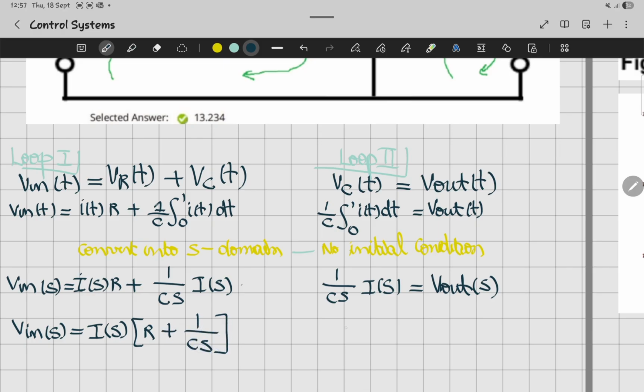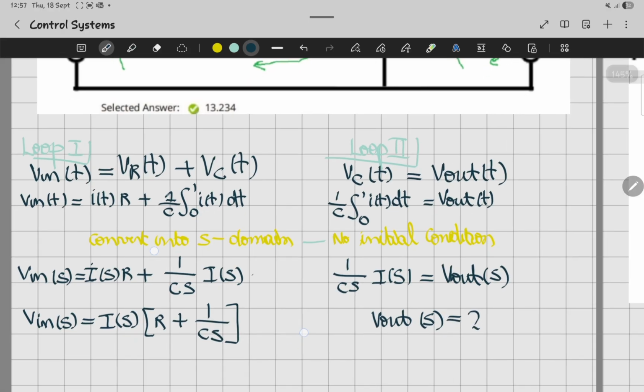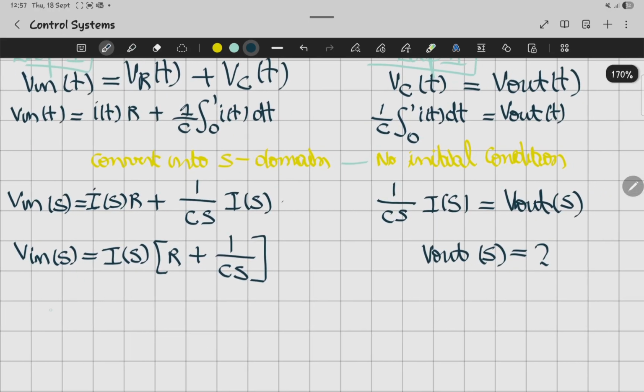Our question stated we need to find V out. Now, what is V in? Before we get to that, let's get the equation for the current.